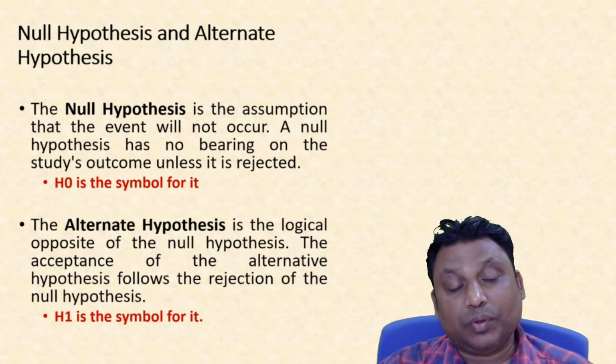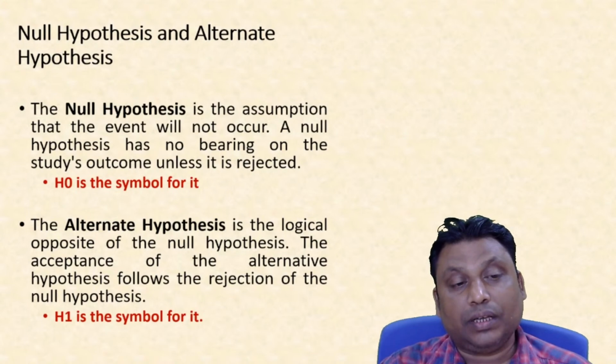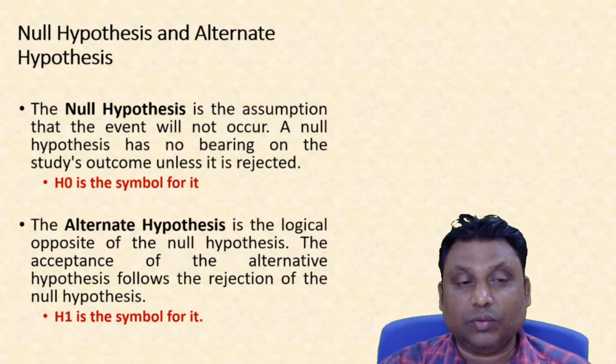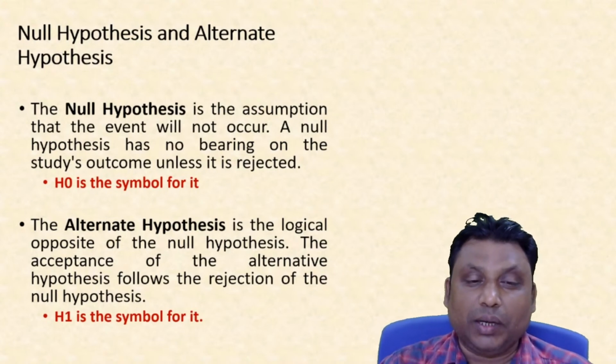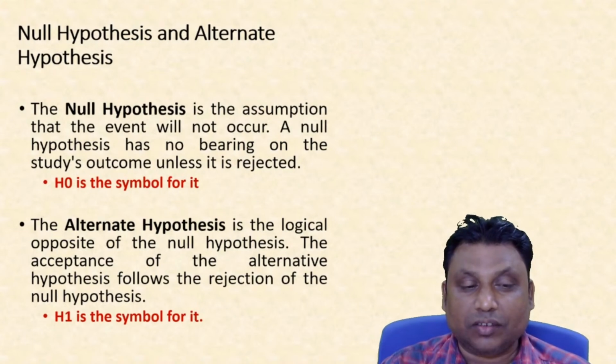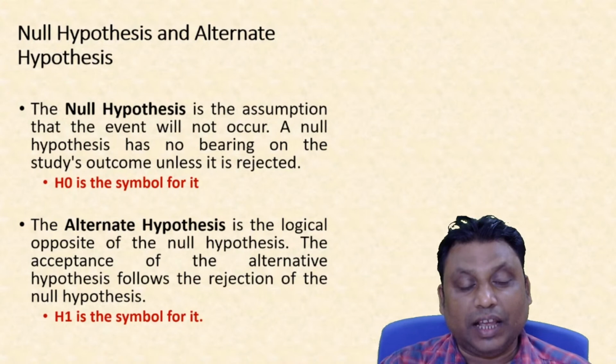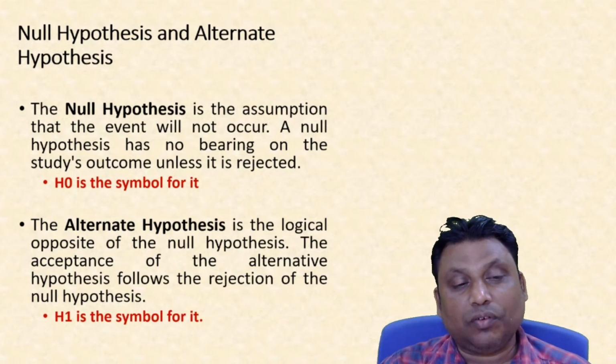It is denoted as H0, the symbol for it. The alternative hypothesis is the logical opposite of the null hypothesis. The acceptance of the alternative hypothesis follows the rejection of the null hypothesis. H1 is the symbol for it.